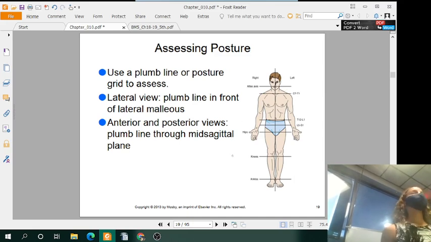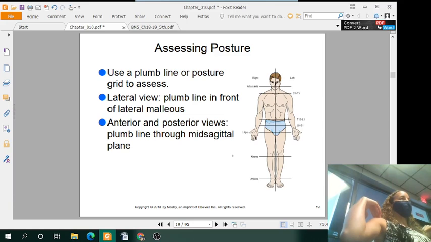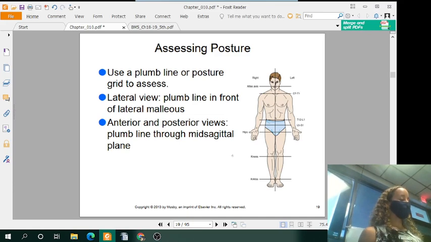You can also use a grid chart like I have here on the wall. You can have them stand behind it, and you can see where the lines go. And you can count and see which shoulder is higher or lower on the chart. So those are different ways as a reference. And the weight, of course, makes it perfectly straight in gravity.